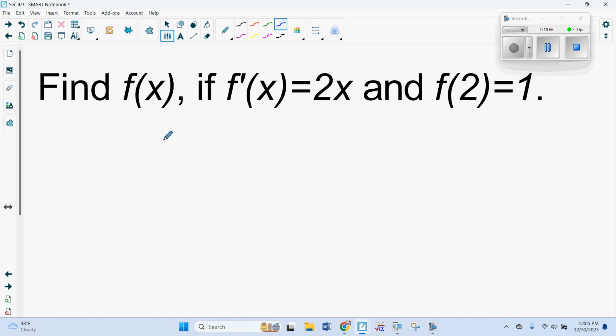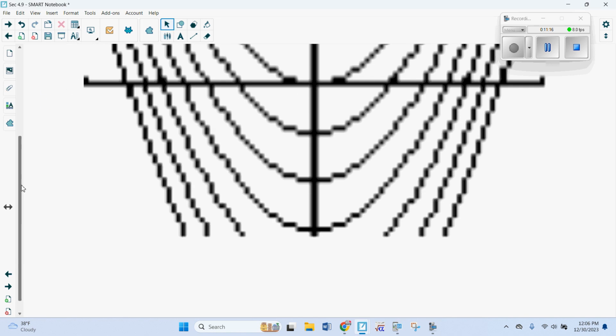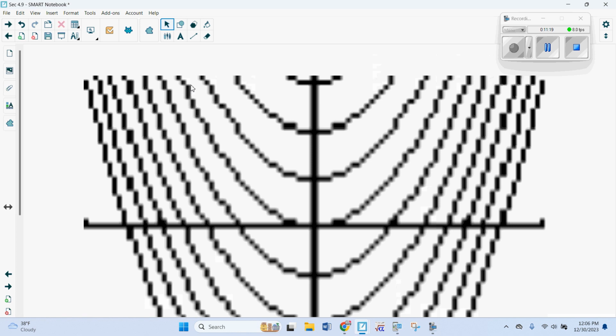So if we think of this and we have f prime is 2x, then our function is x squared plus c. But if we think about all of the x squared plus c's, imagine I have x squared plus 0, x squared plus 1, x squared plus 2, x squared plus 3.